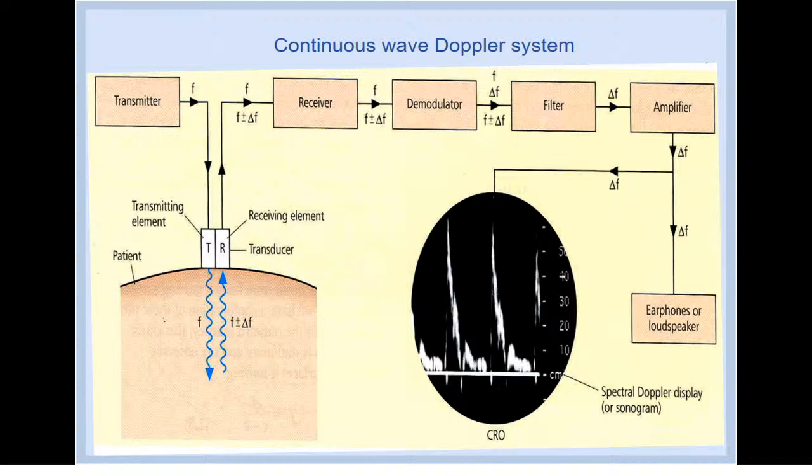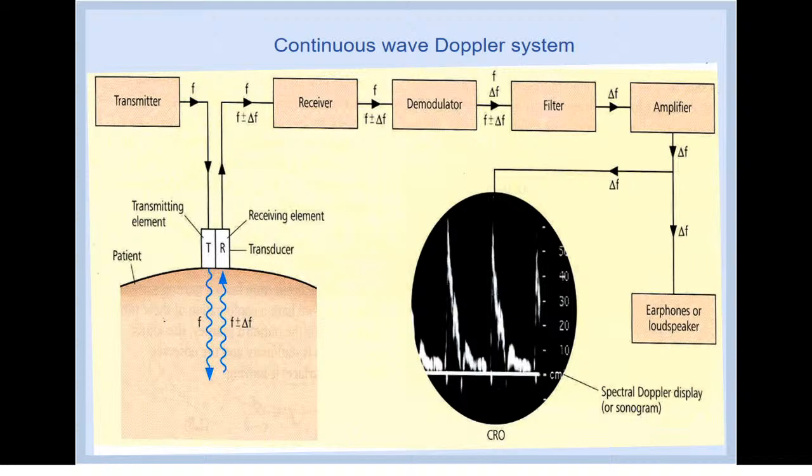The transducer contains separate transmitting and receiving piezoelectric crystals. This is necessary when using continuous waves to avoid the inevitable confusion arising if a single crystal tries to emit and receive signals simultaneously.